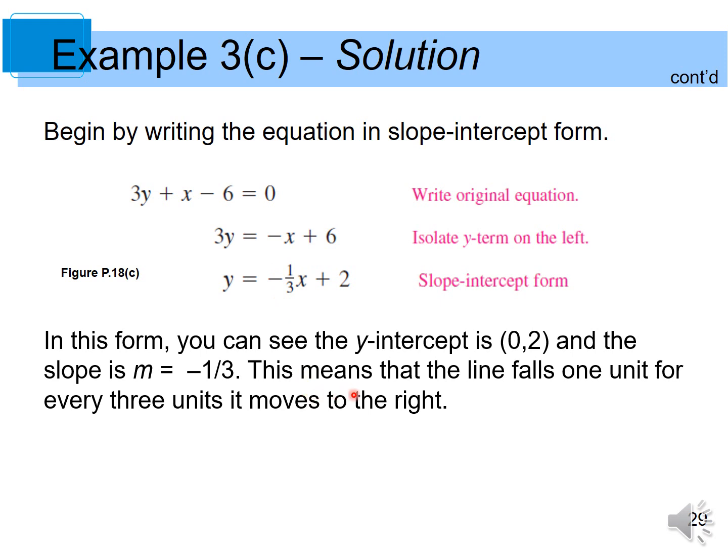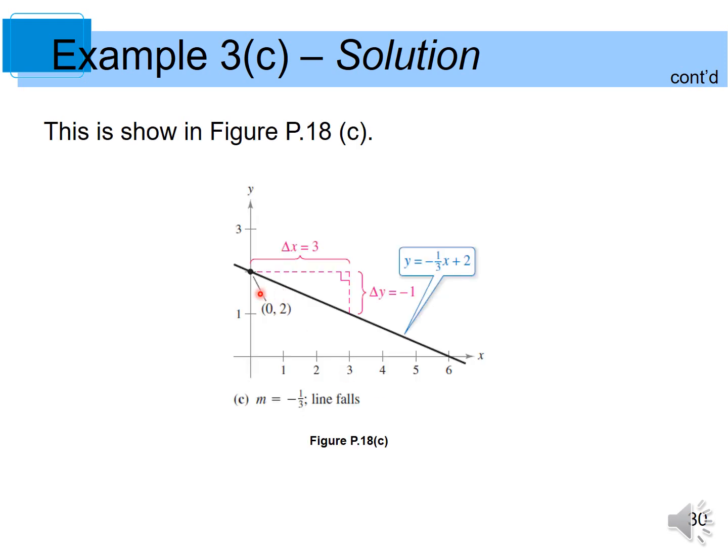This means that the line falls 1 unit for every 3 units it moves to the right. So based on the point (0, 2), the y-intercept, you move horizontally 3 units and move downward 1 unit. So you get this point, then you connect.